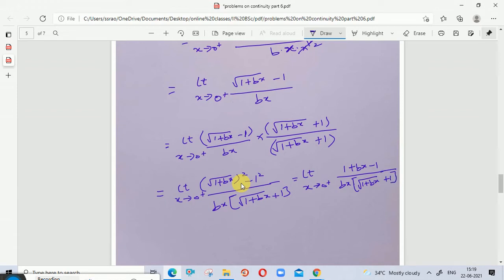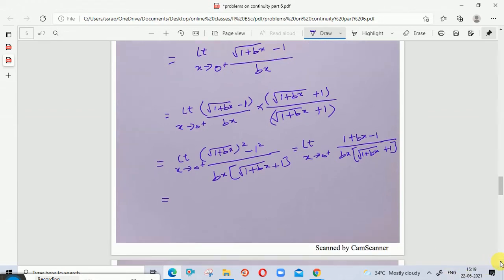Okay, so that is equal to limit x tends to 0 plus, here plus 1 minus 1 cancels. What remains? bx by bx into square root of 1 plus bx plus 1.